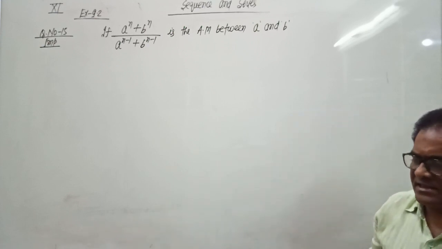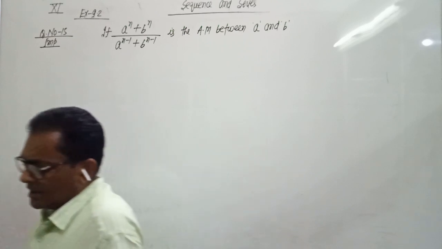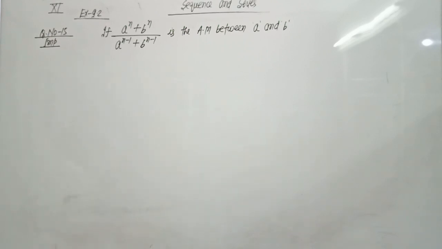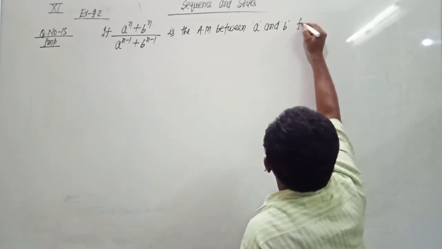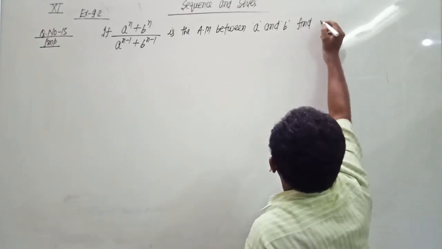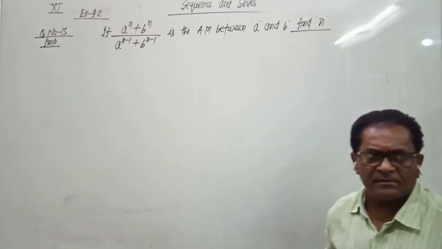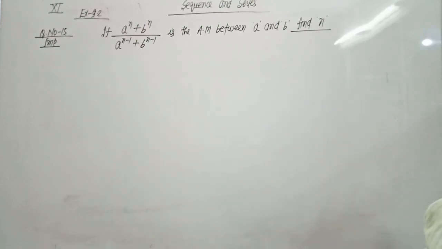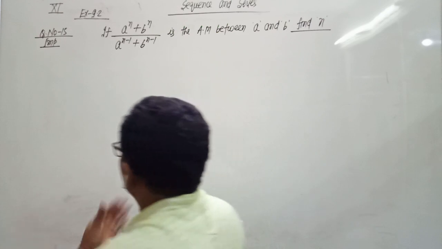Between two numbers a and b, we are given the arithmetic mean. We have to calculate the value of n. So the arithmetic mean of two numbers a and b is equal to (a plus b) by 2.